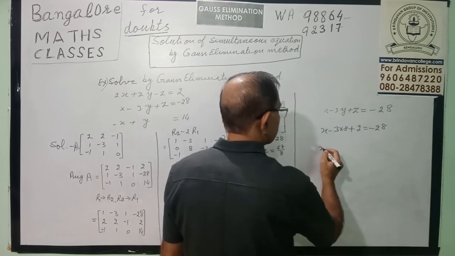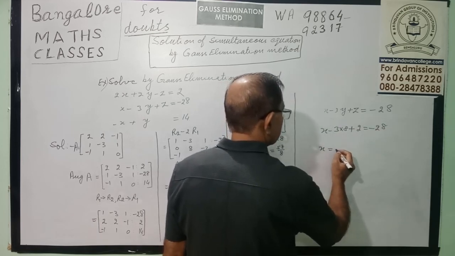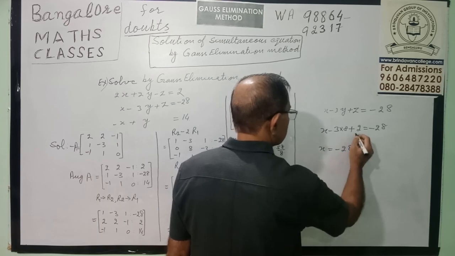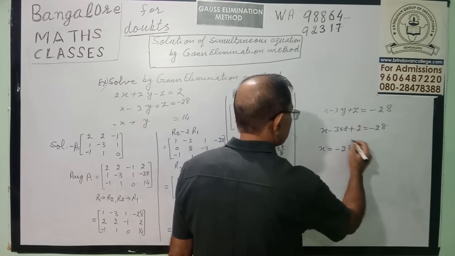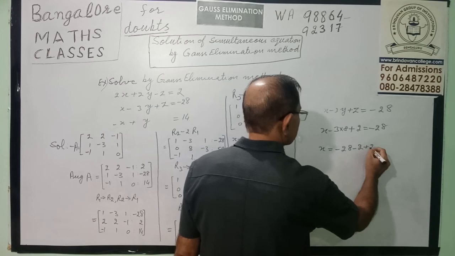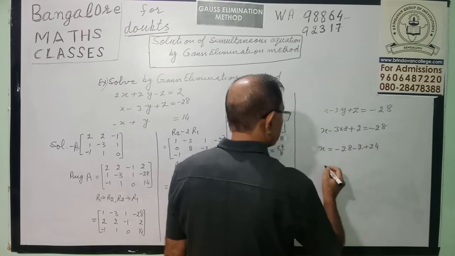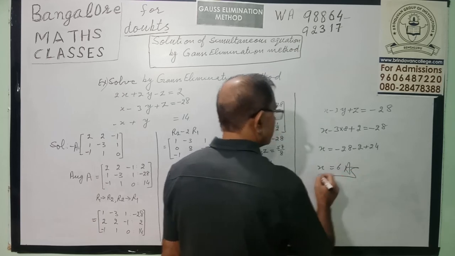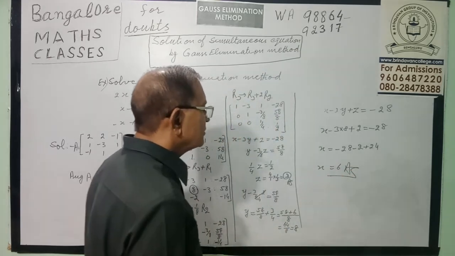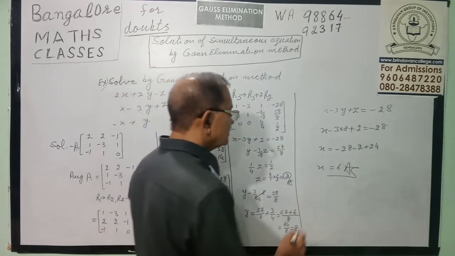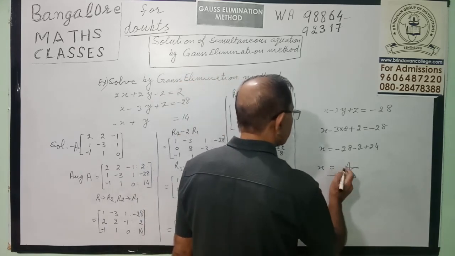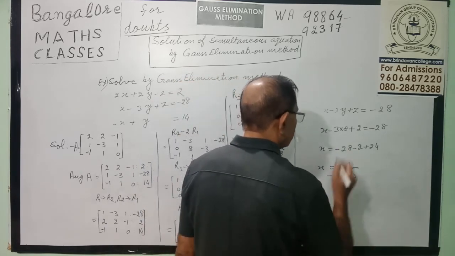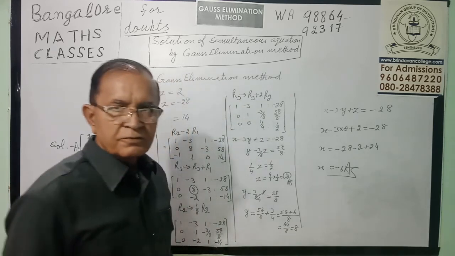So thus we will get x equals minus 28 minus 2 plus 24. So x will come out to be minus 6. So like that we can solve it.